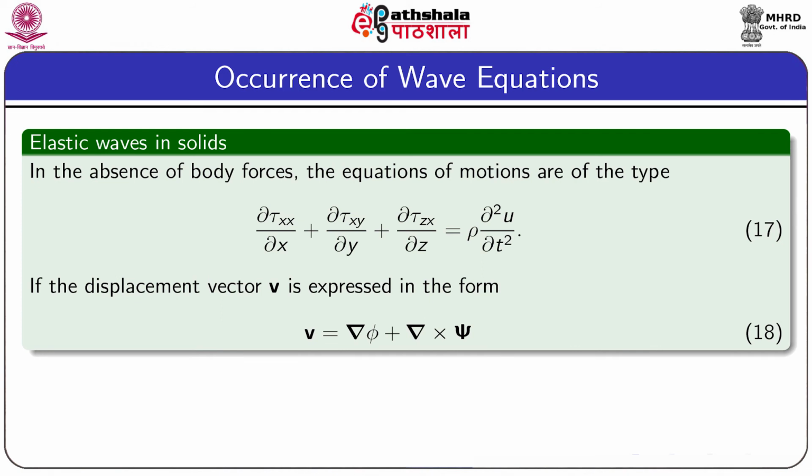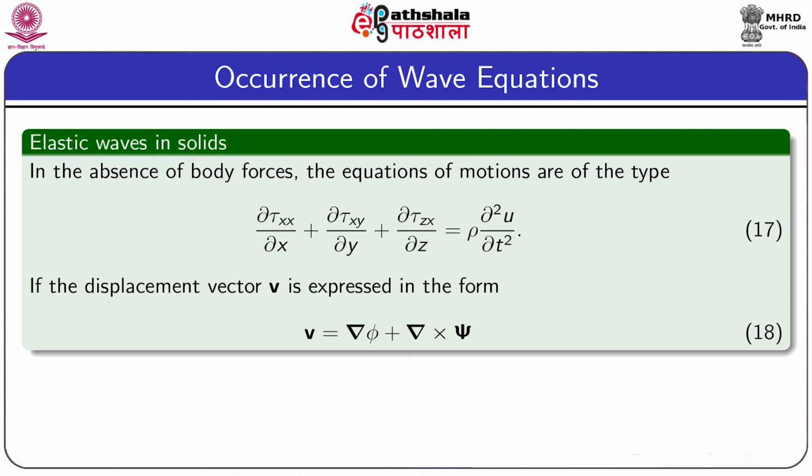If the displacement vector v is expressed in the form v equals gradient of phi plus curl of psi, displacement is divided into two parts, one is the gradient part and another is the curl part.